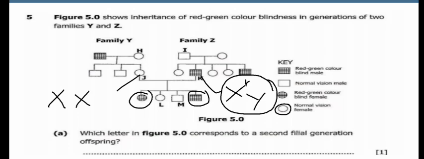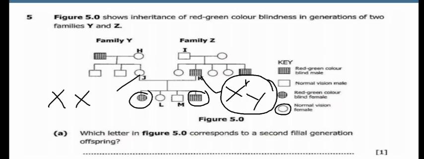Most of the time, you are going to find that males are highly affected by sex-linked characteristics, because a sex-linked characteristic does not occur on the Y chromosome. Even in an exam, they can ask you, why are males highly affected by sex-linked characteristics? You need to give them the same reason.